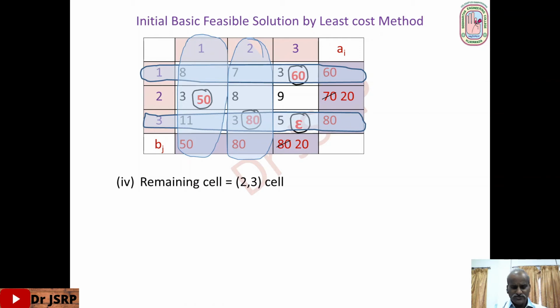Okay. So finally we get only one cell. For that cell, the corresponding available amount and the corresponding required amount should be same. Then only the process is correct. Otherwise, the process is wrong. You have to keep in mind this point. Okay. So x23 equal to minimum of 20, that is 20.